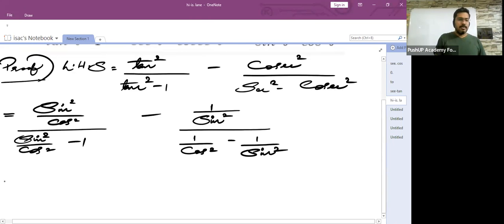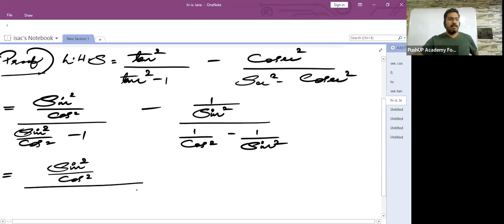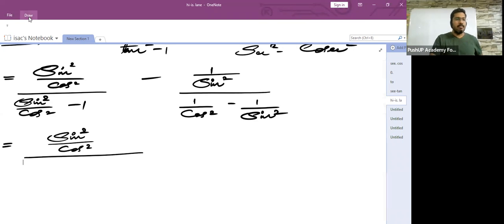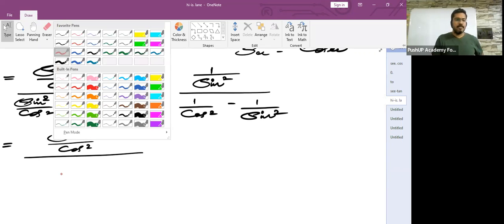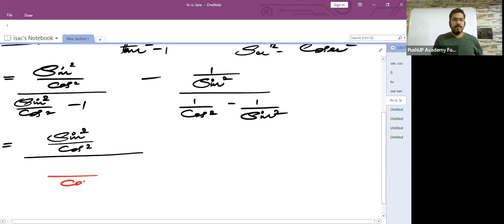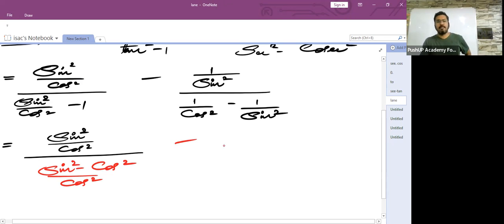Now this is equal to, let's take the LCM. All right, I'll not touch this sine square by cos square. I'll do one thing, children. I will apply LCM method in the denominator. So cos square will become the LCM and the numerator will be sine square minus cos square. All right, put the minus sign.